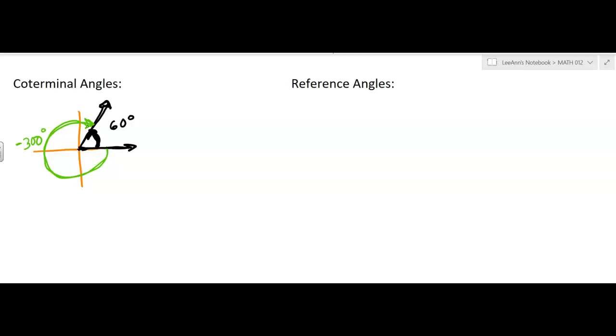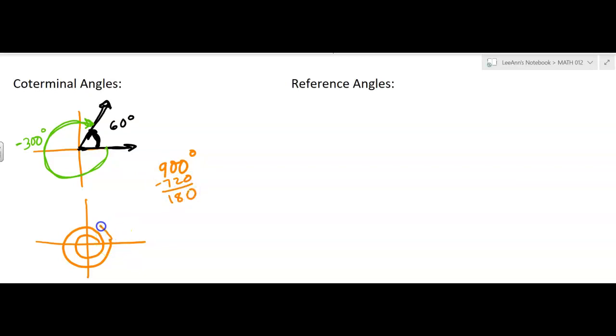Now, this becomes important. Let me give you an example. Let's say you have an angle that's like 900 degrees. So you're going like, okay, 900 degrees. There's 360, there's 720, and then I need 900, right? I just went 720. So what does that give me left? 180.